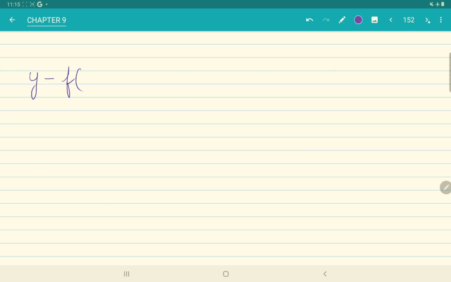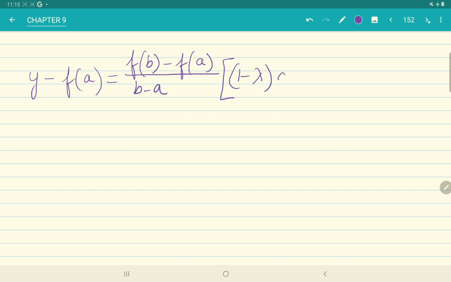So that means I have y minus f of a is equal to f of b minus f of a by b minus a, and then I write what my x is, because it is x minus a. So I just write 1 minus lambda a plus lambda b minus a.